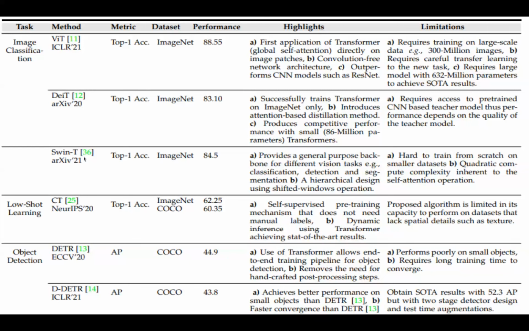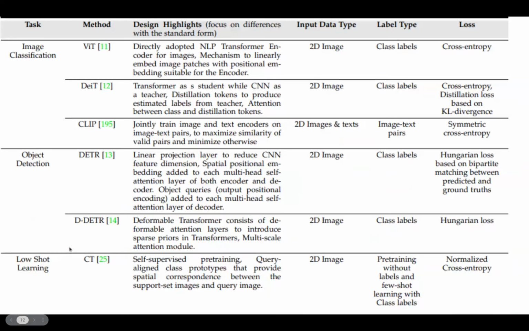The Swin as well, which I'll briefly mention later on. And then for object detection, there's DETR, which is from Meta and did quite well, because they show how a transformer can be used for object detection, and the way they train it is quite interesting.